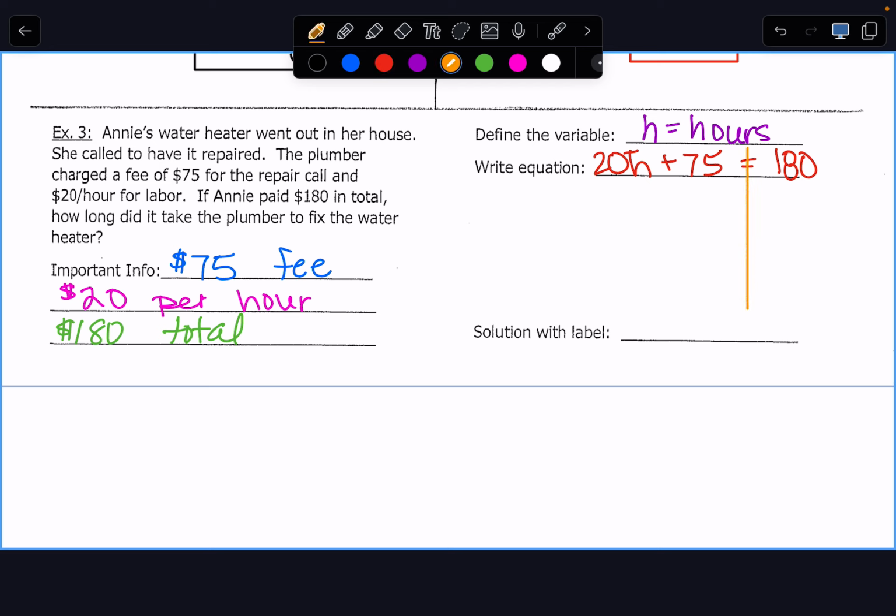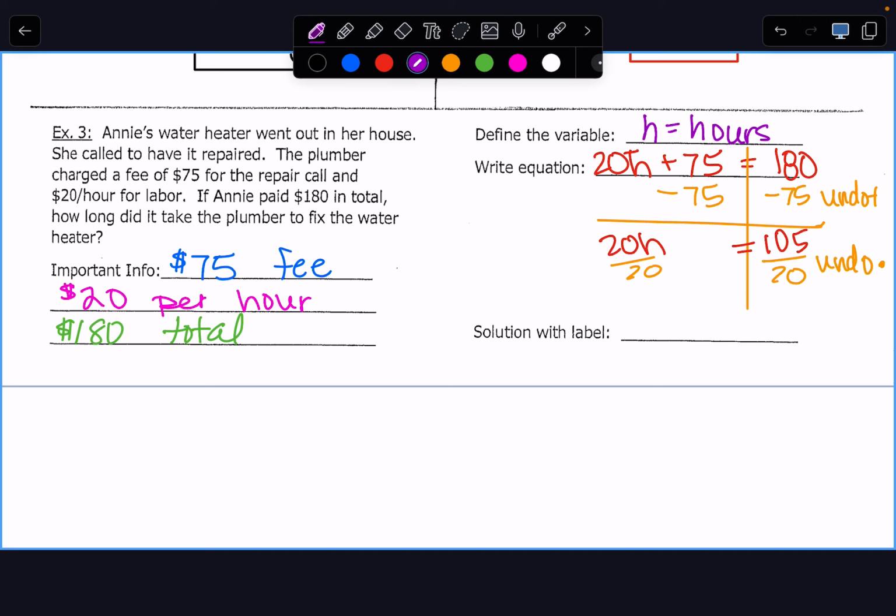Okay? So we are going to need to subtract 75 to undo that addition. 20H equals, I don't want to do that in my head today. 105? That's actually not that bad. Okay. Then we can undo the multiplication by dividing. Don't be scared of your answer.